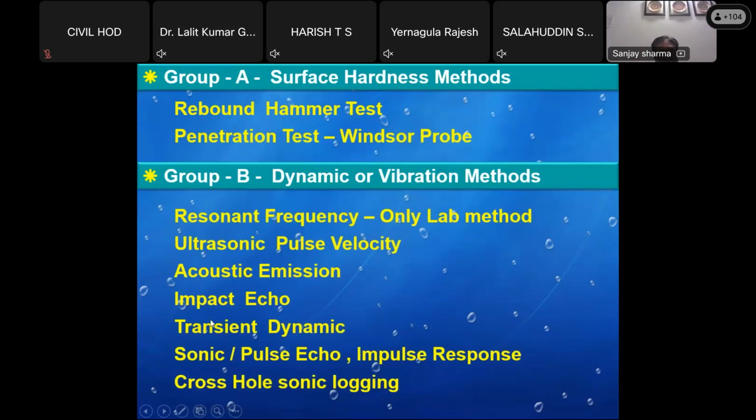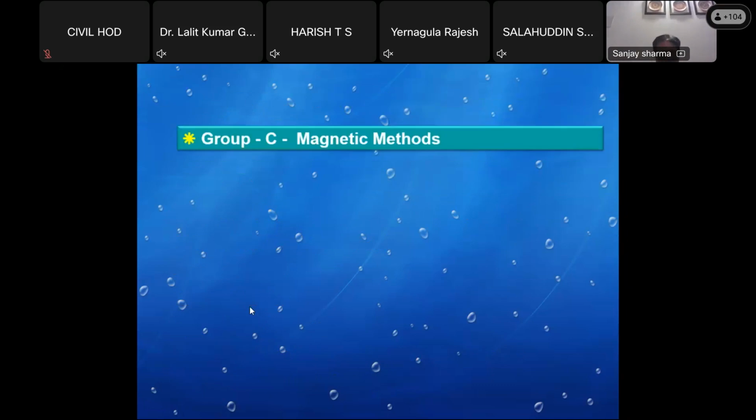Then vibration methods, you use some sort of pulses that you throw into your system, maybe some vibrations or maybe ultrasonic waves, etc. Depending upon those waves, you measure certain properties. One of the few applications.